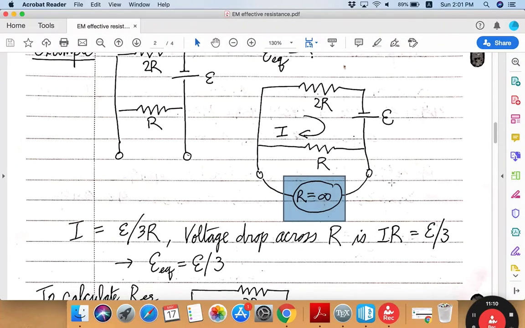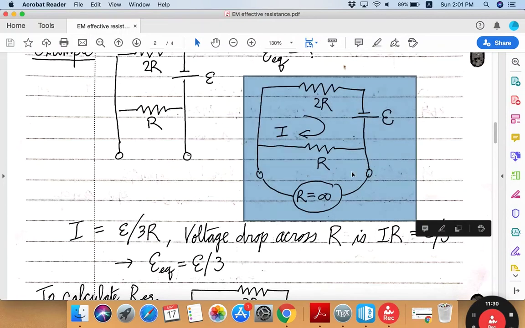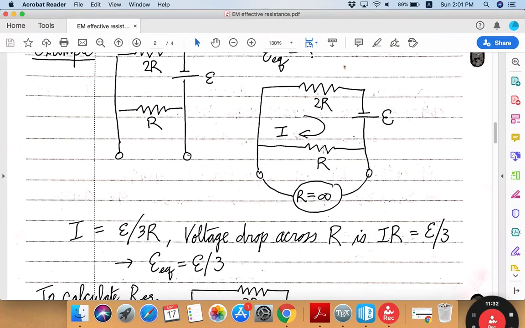Okay, so a voltmeter by definition carries an infinite resistance. Therefore there can be no current flowing through this particular segment of the overall circuit. So that means you cannot possibly have any current flowing through this bottom half of the loop. All the current has to flow through the top half of the loop.